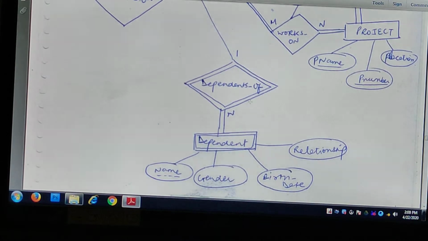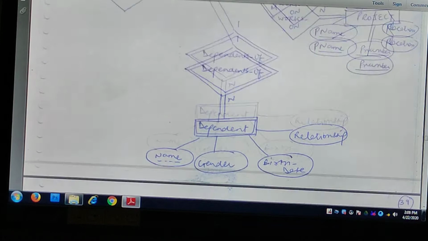That is why I have drawn it in the double diamond shape. 1 to N means one employee can have multiple dependents, and this double line means every dependent in the table will have either his father or mother as an employee of the company. We cannot store the data of a dependent who does not have any parent as an employee of the company, right?